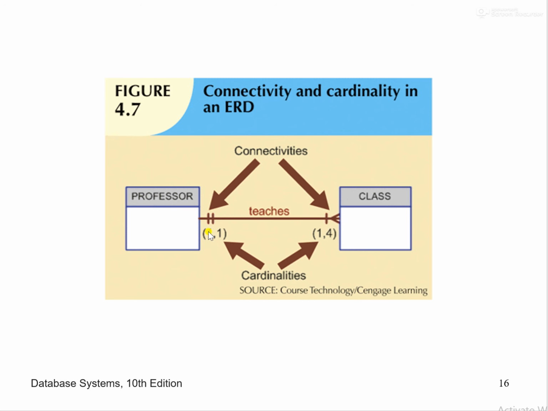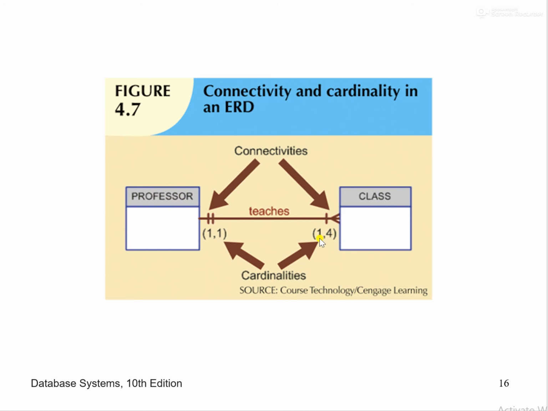Now the cardinalities written over here are 1,1 and 1,4. The 1,4 shows minimum 1 and maximum 4, so each professor can teach a minimum of 1 class, but no more than 4 classes.